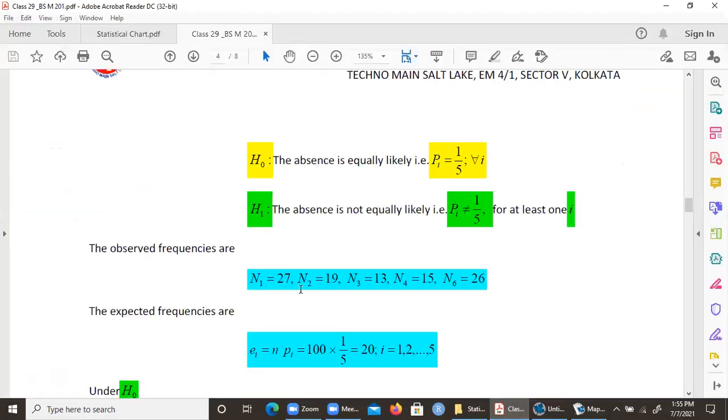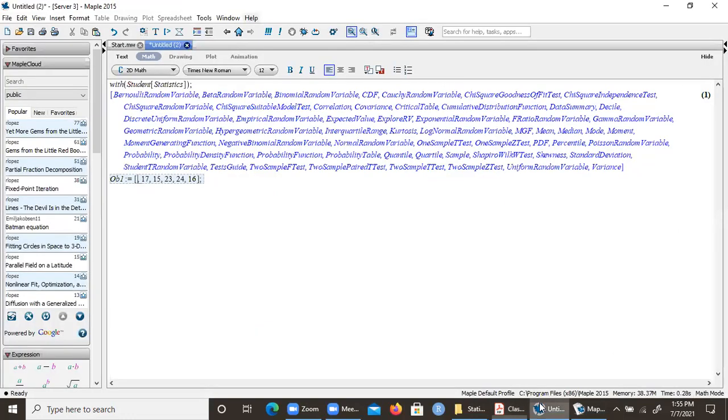I'm presenting my screen, you can see very well. The observed frequencies are 27, 19, 13, 15, and 26. So let me give these values as input into the command. 27, 19, and 13.